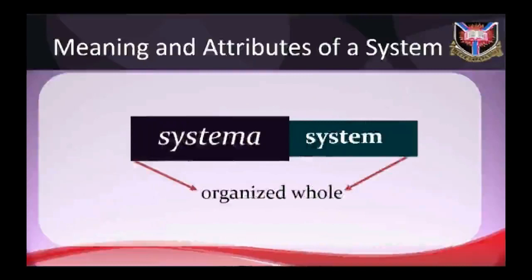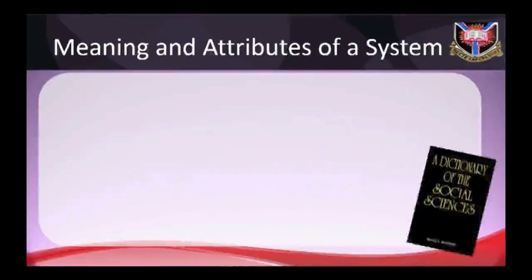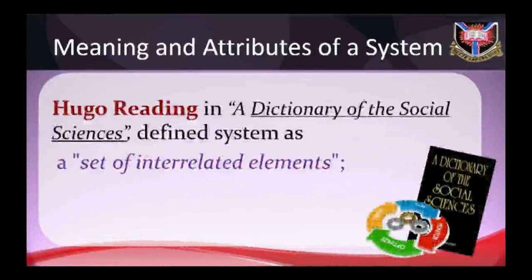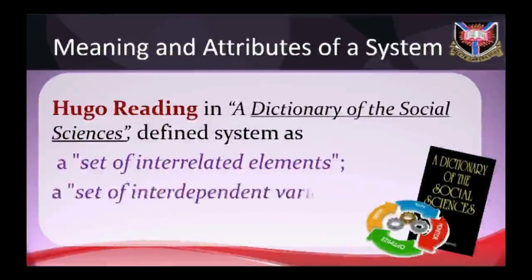To come nearer to social sciences, Hugo Reading, in a Dictionary of the Social Sciences, defined system as a set of interrelated elements, a set of interdependent variables.